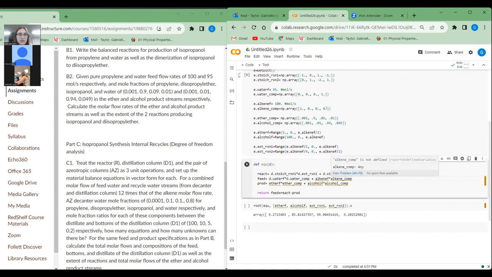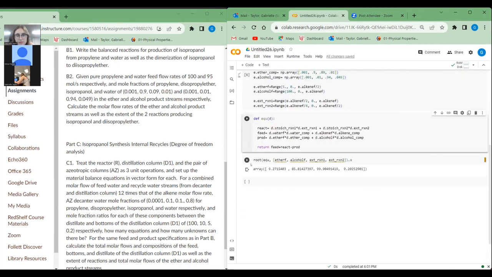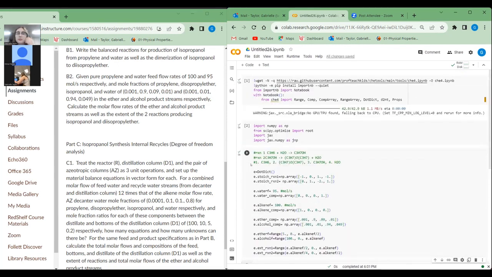So D here, D for our water comp, and then let's go to D for our alkene, D for our alkene comp here, and then our ether flow, our ether comp, our alcohol, and then our alcohol comp, right? So this is all going to be under a dictionary. Okay, so that's all the information that we know now.